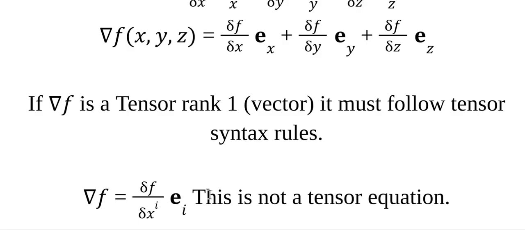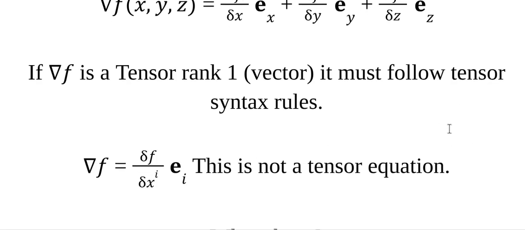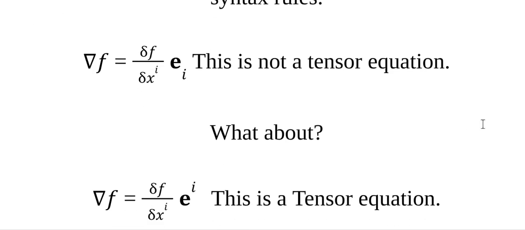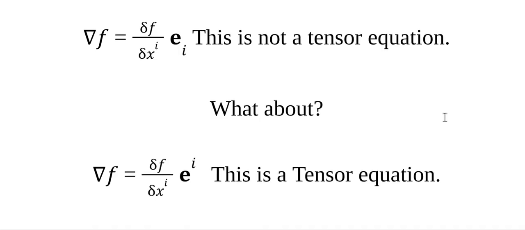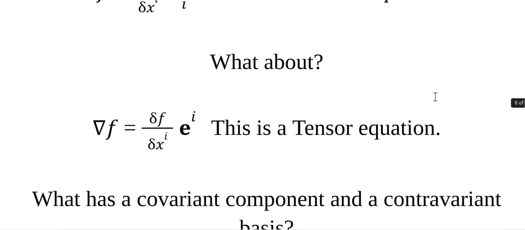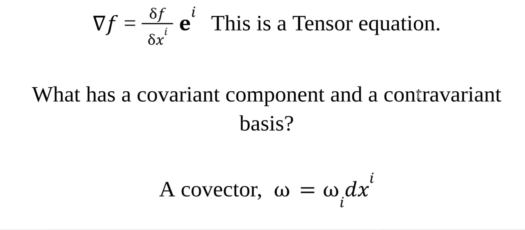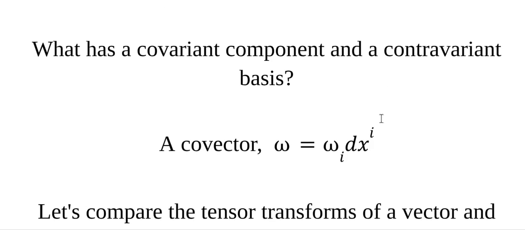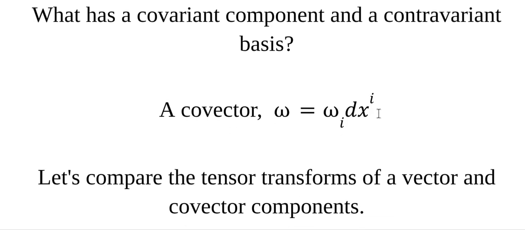Well, this is not a tensor equation. I don't know what to do with this. How would I expand that? I don't know what it means. All right. What about this one? What if we had a covariant component and a contravariant basis vector? Well, that is a tensor equation. I know what to do with this. I know how to expand that. Well, what has a covariant component and a contravariant basis? A covector. Yes, the gradient is a covector. It is a one form. I know it's upsetting. It upset me too the first time I learned about it.